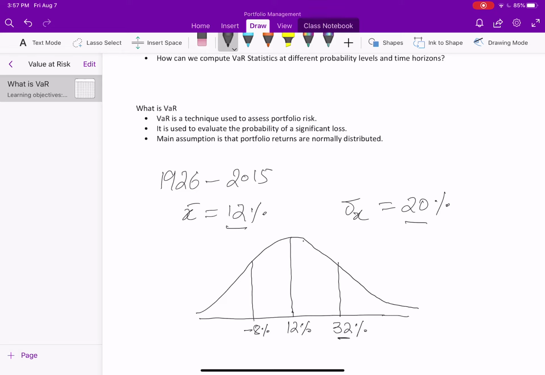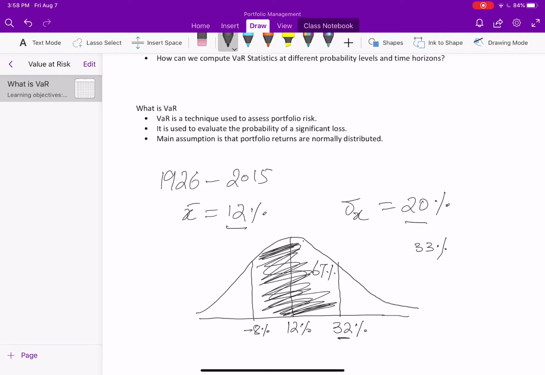So this is one standard deviation, and we know that with the assumption of normally distributed returns, almost 67% of the returns lie within this one standard deviation area. So how much lies outside? It will obviously be 33%, 100% minus 67%.